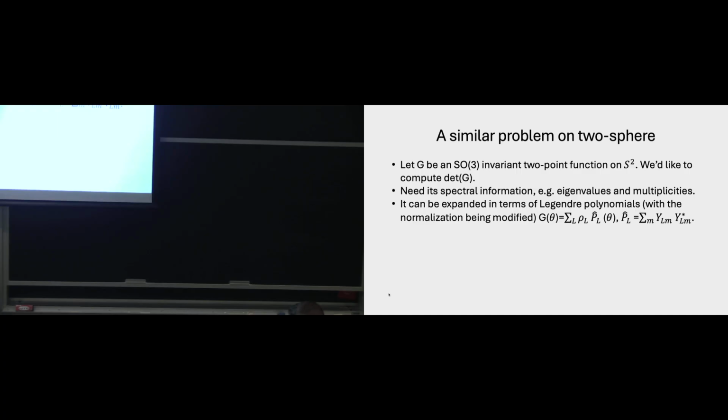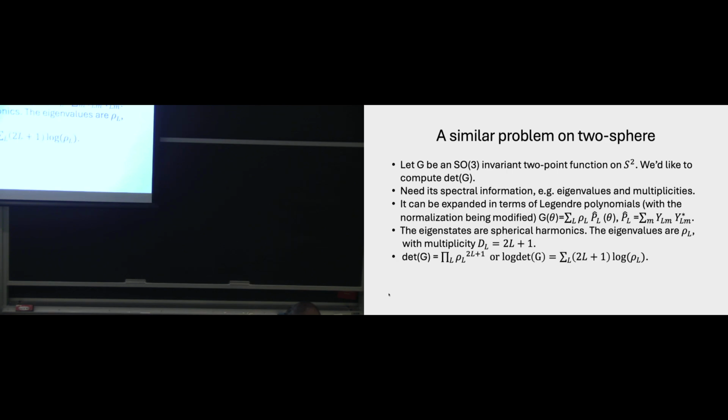Here I slightly changed the normalization of Legendre polynomials such that we have this addition formula. Given this expansion, it's clear that rho L are the eigenvalues, and for each fixed L, the multiplicity is 2L plus 1, which is given by representation theory. Then we can compute the functional determinant of free energy, which is the sum of 2L plus 1 times log rho L. So the whole point is to find the coefficient rho L, and the multiplicity is fixed by representation theory.